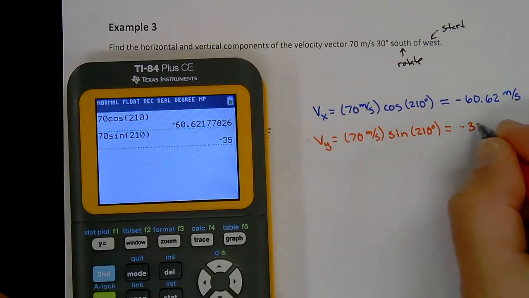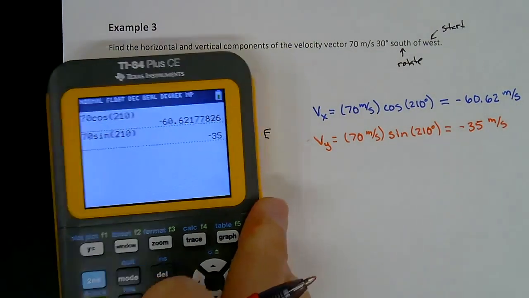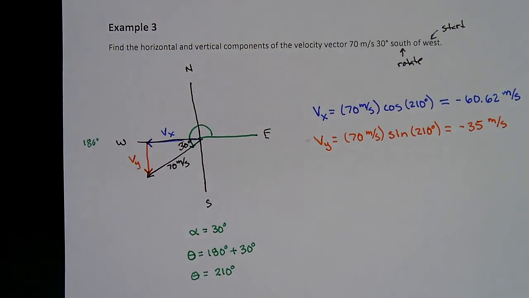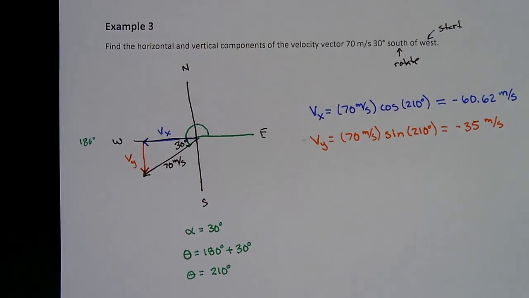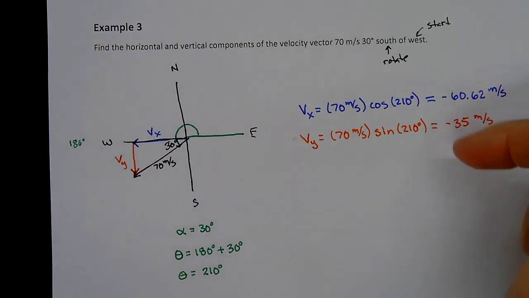So negative 35, that's exact, meters per second. If you take trigonometry, you're going to start to understand why some of them come out to be exact. Hopefully it's coming back and it's making sense. And I can't stress enough, if you use the 30-degree angles, these both come out to be positive, and that's not correct.